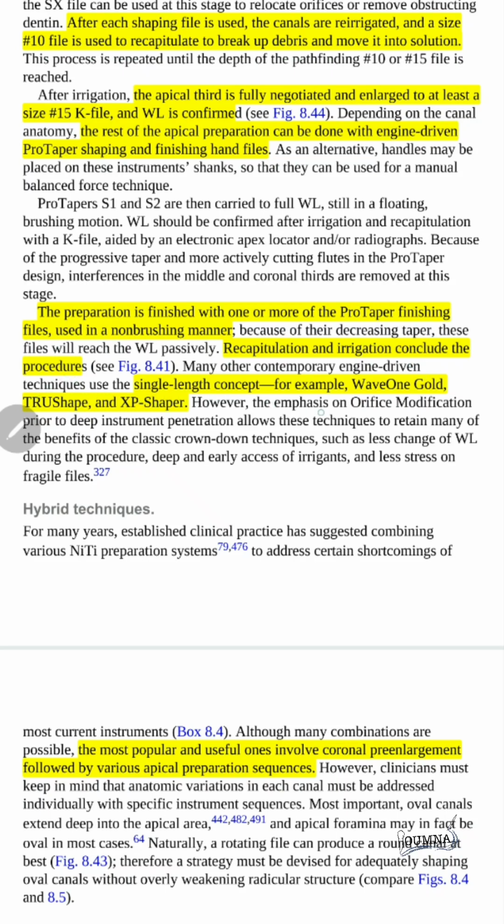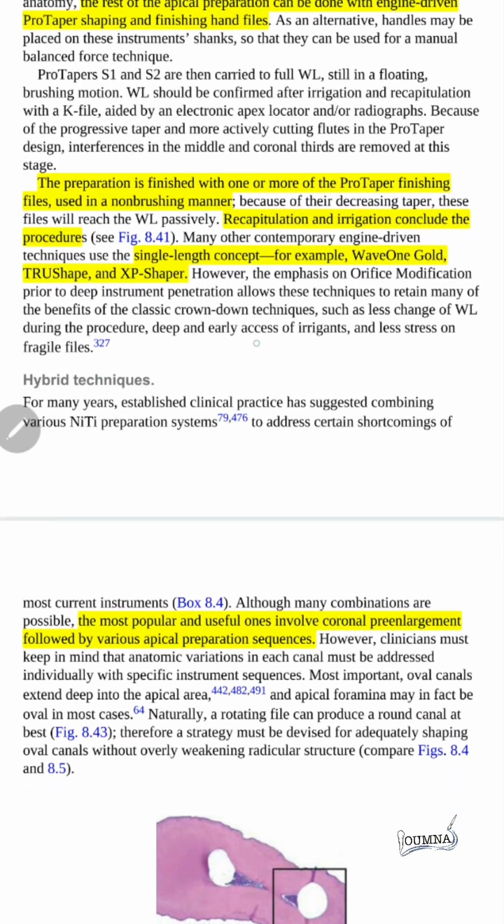Single length concept, for example, the X-Shaper is a single length concept.